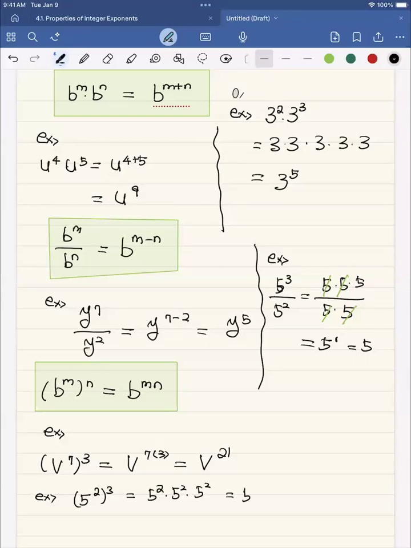So each one has 5 times 5 and 5 times 5 and 5 times 5. So altogether, that becomes 5 to the 6th power, 6 times multiplied. Indeed, that comes from 2 times 3.